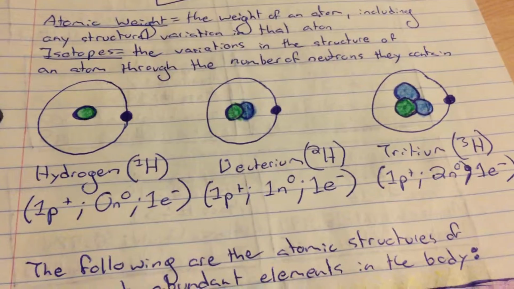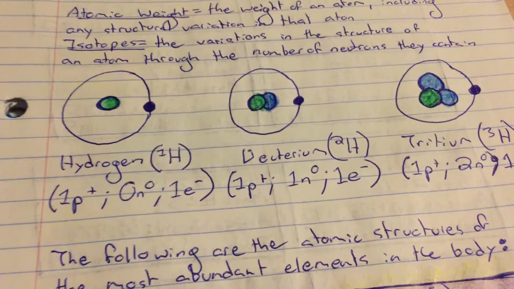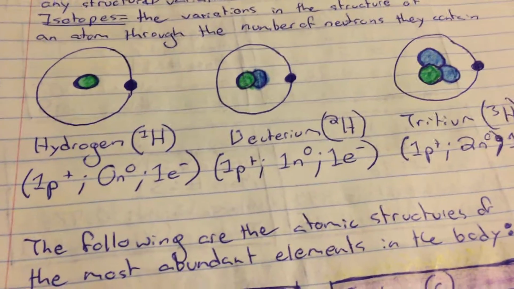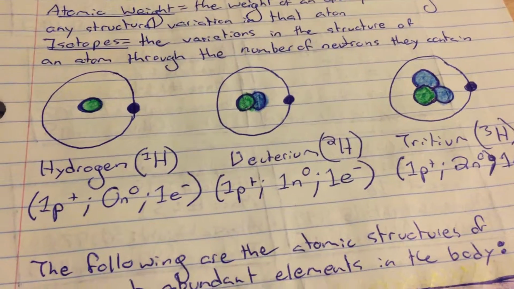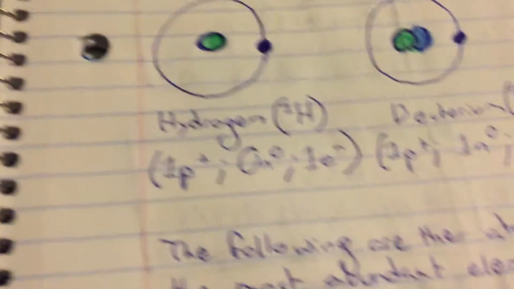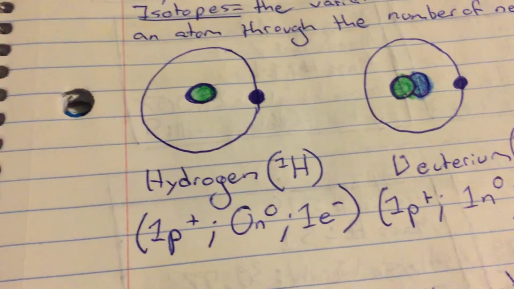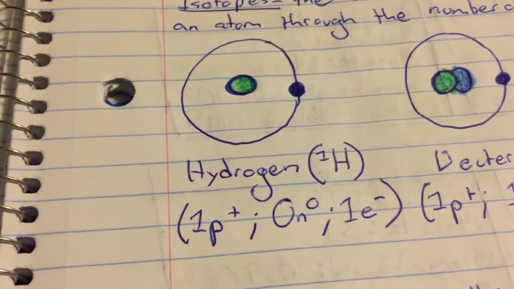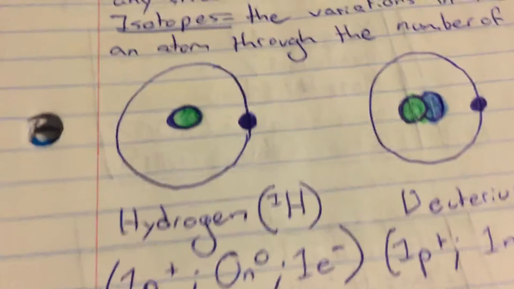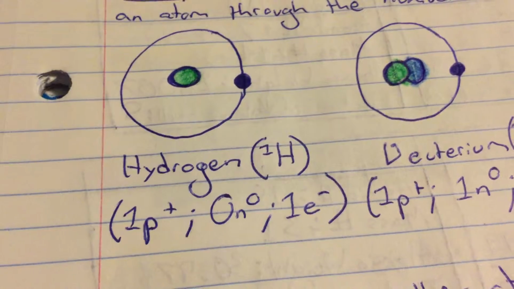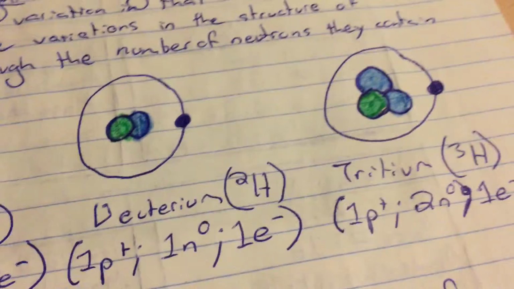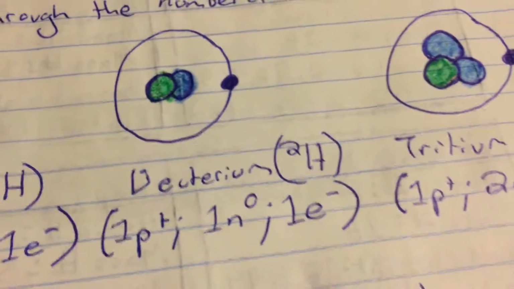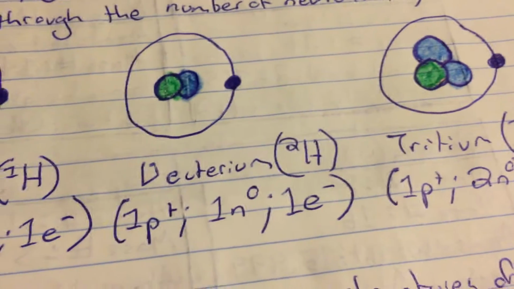This display here shows the difference between different isotopes of hydrogen. Hydrogen, H1, has 1 proton, 0 neutrons, and 1 electron. The first isotope is deuterium, which is H2.